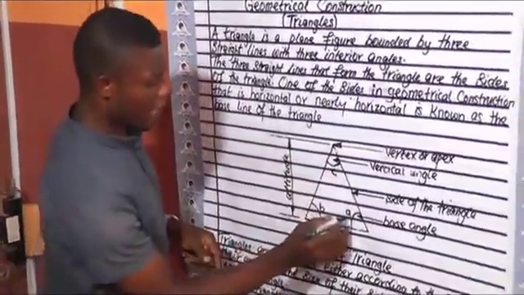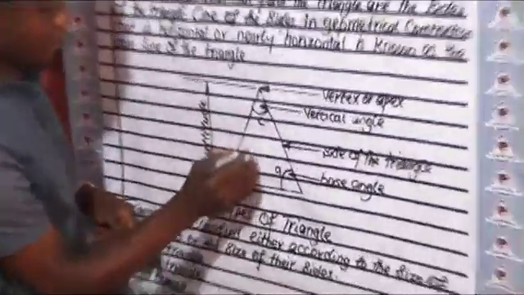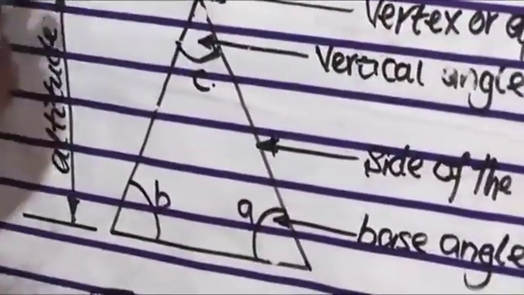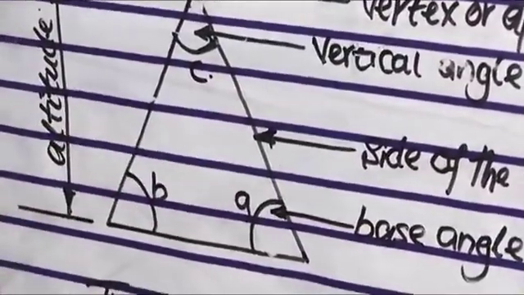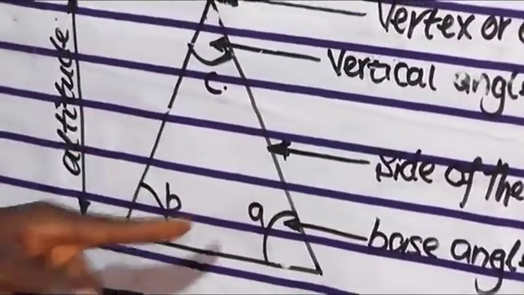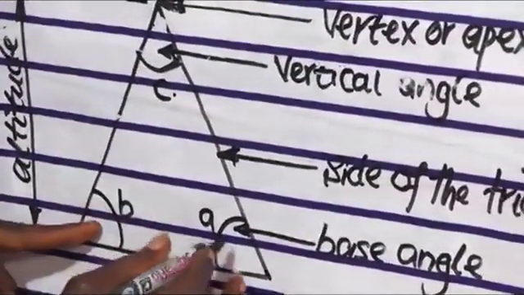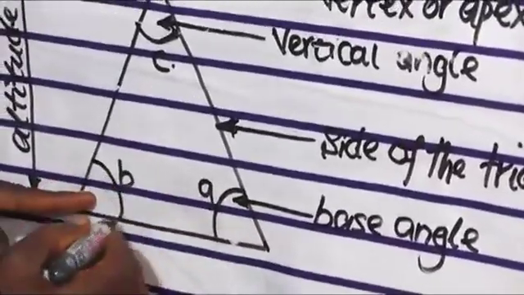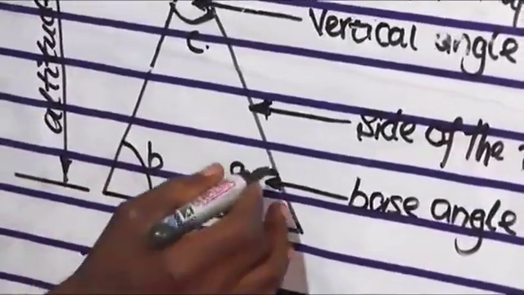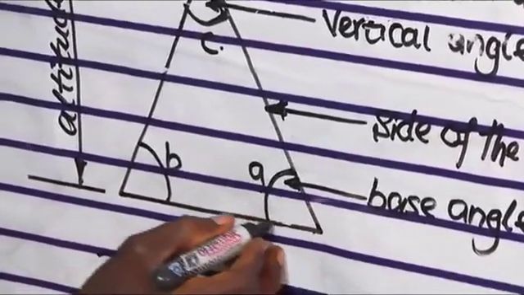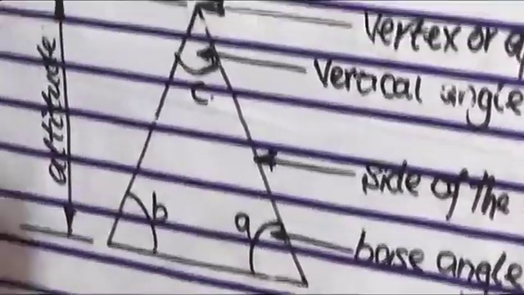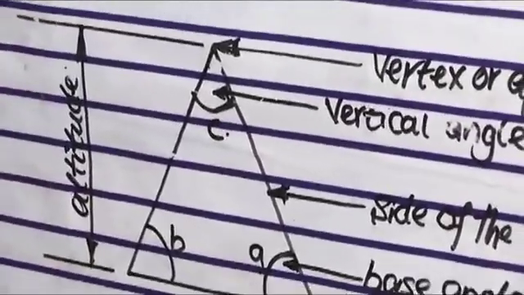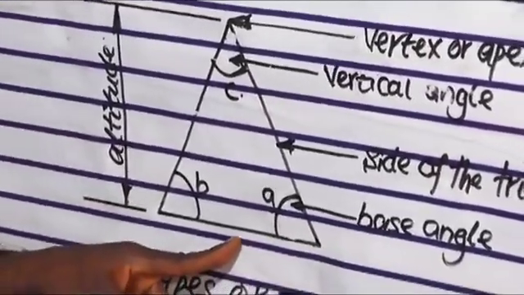You can see we have A, B, and C as the interior angles of this triangle you have here. Now, you see that you have two angles here. These two angles are connected to this line that is horizontal. Like we said earlier, this horizontal line is known as the base line.